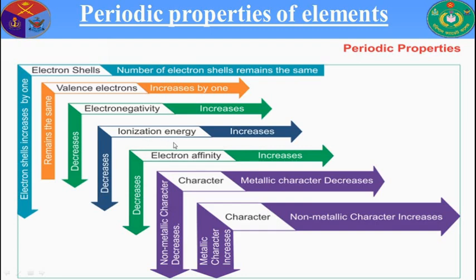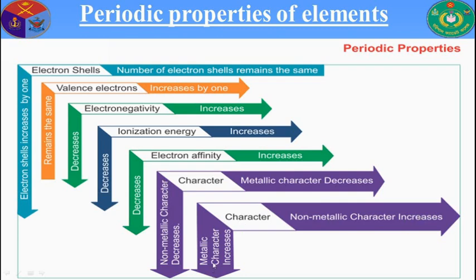Ionization energy increases from left to right and decreases from top to bottom. Electron affinity increases from left to right and decreases from top to bottom. The metallic character decreases from left to right in any period, and the non-metallic character increases from left to right.